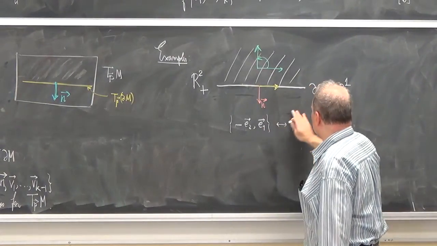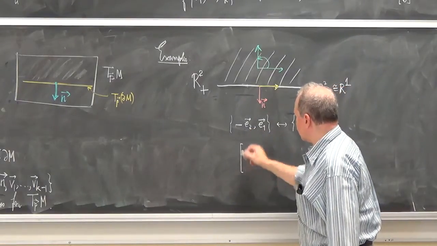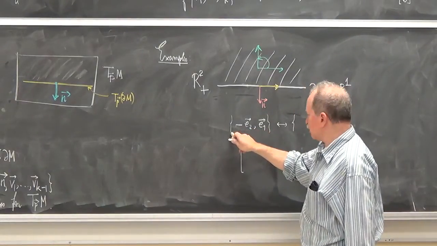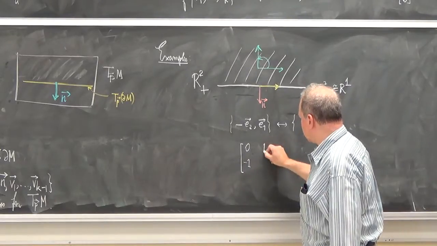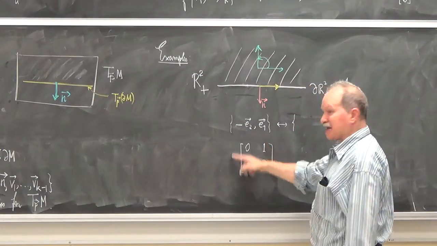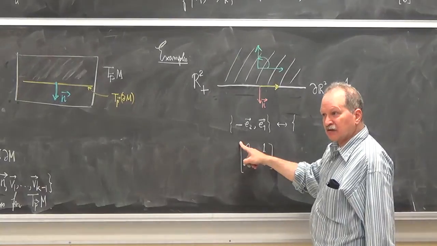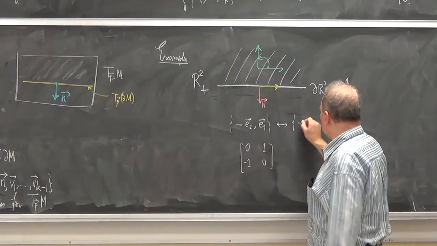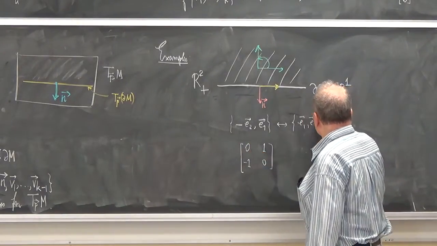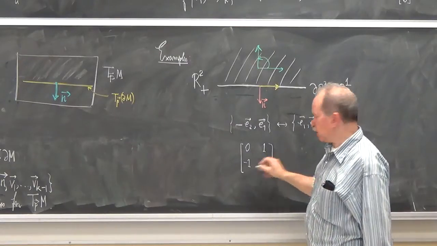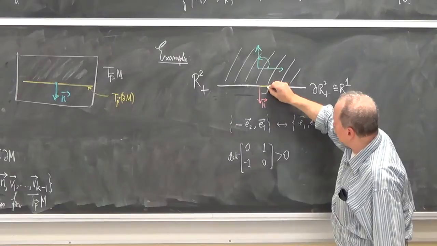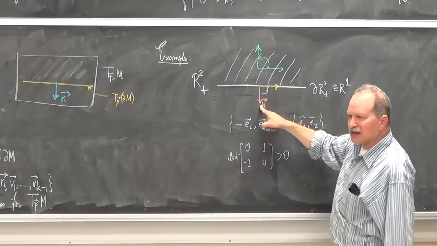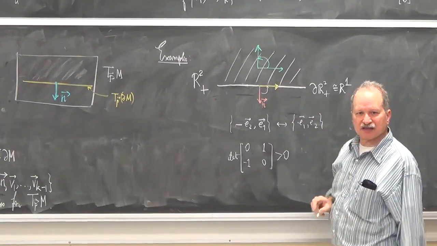So what's the matrix here that compares this to the standard basis? 0, -1, 1, 0. Okay. And that has positive determinant. So in other words, putting it back in the standard form, I have a matrix that has positive determinant. And that agrees with the picture here that if you put minus E2 and then E1, that's a right-handed basis.